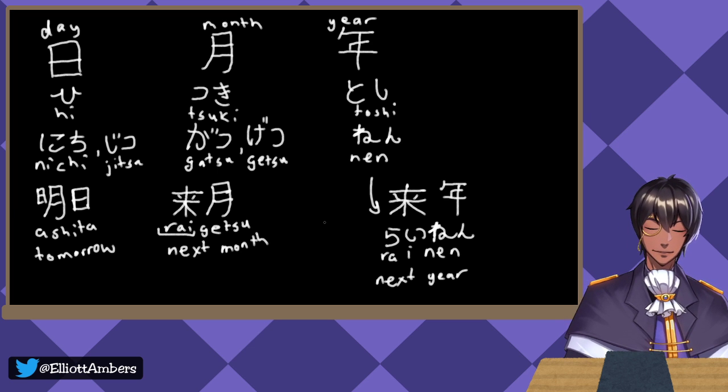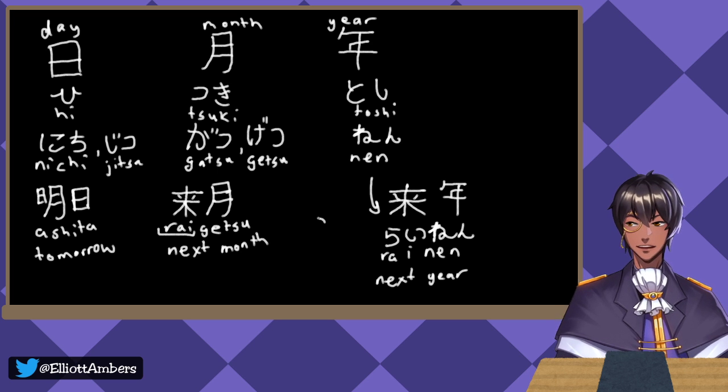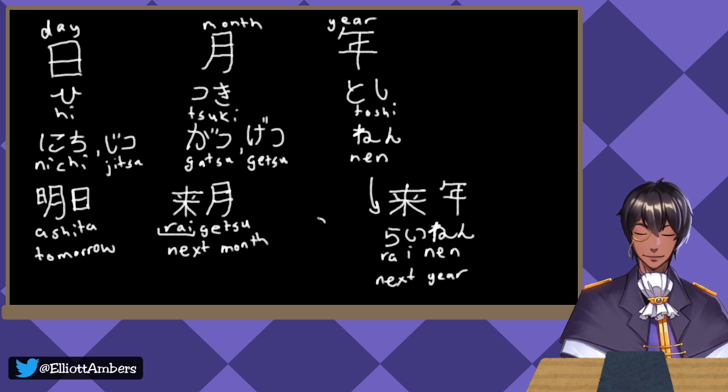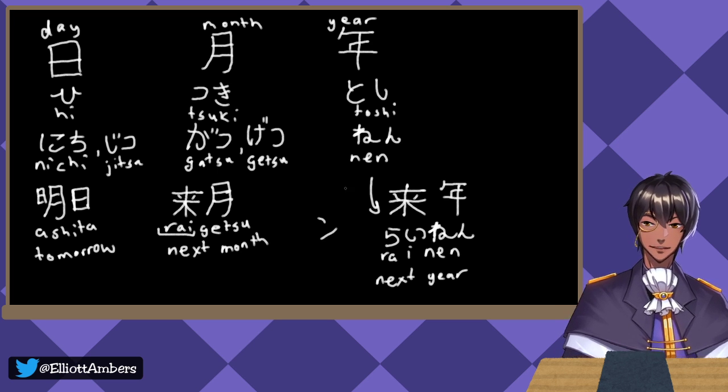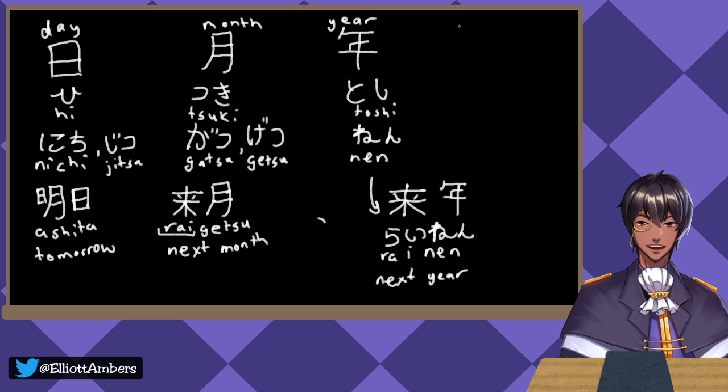So the next term I wanted to talk about is one that I learned from Wanikani, and I thought it was interesting that this happened with the vocabulary. So there is this vocabulary word, which uses two kanji that we actually already learned.